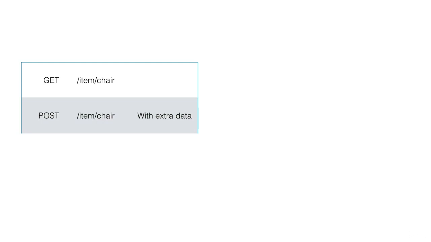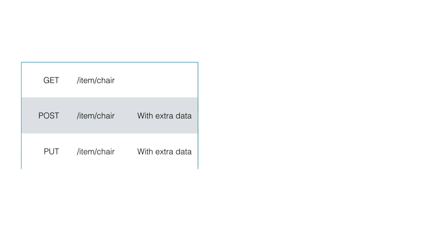So let's say we have this GET endpoint. Our server has been programmed to be able to receive this GET request /item/chair. It also has been programmed to receive this POST request /item/chair with some extra data, such as to create a new chair, for example.